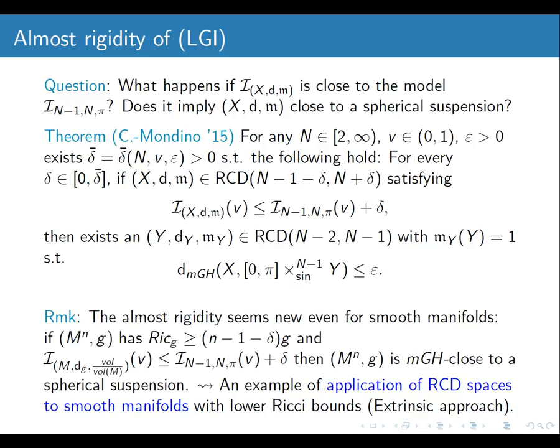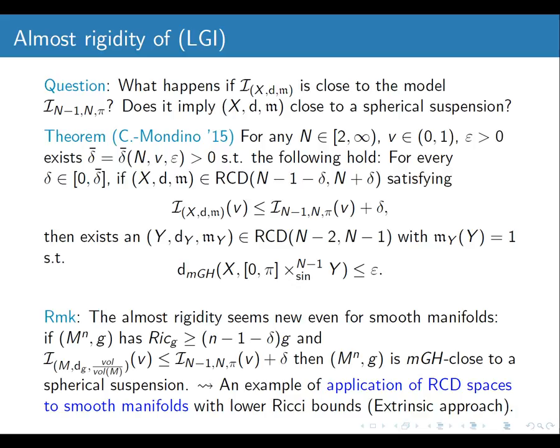So now if you apply this theorem to a manifold, suppose that you have a manifold with Ricci bounded below by n-1 minus something more, and assume that the isoperimetric profile function of the manifold is close to the one of the sphere.